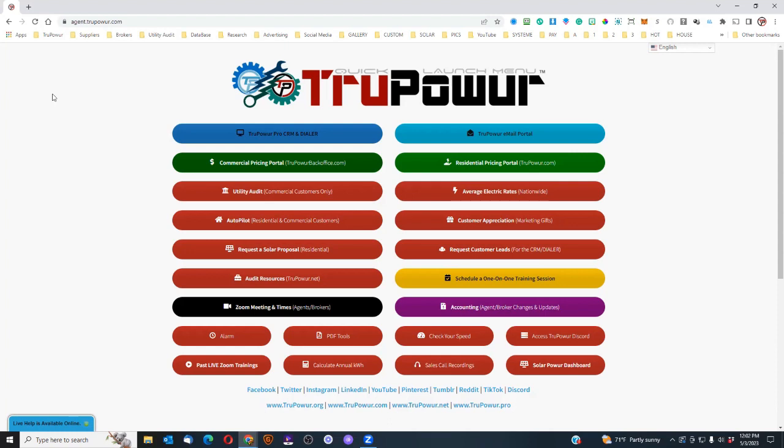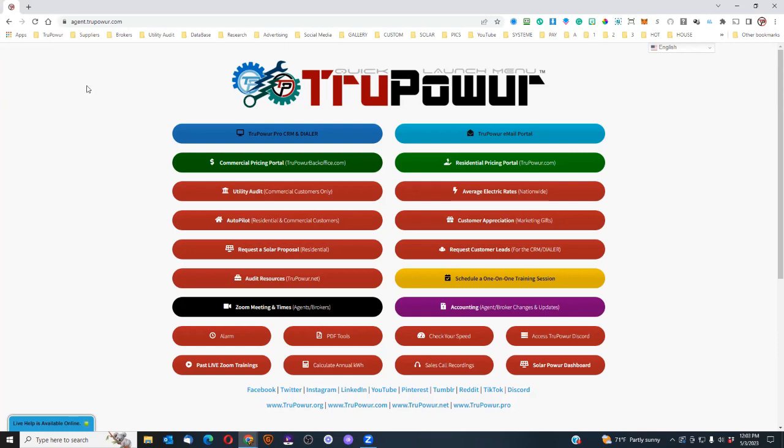Once you pin that to your browser, it will shrink and stay over there on the left. So when you close the browser and reopen it, you won't have to go looking for the link. It'll always be there in the left-hand corner of your browser. So that's always a handy thing.